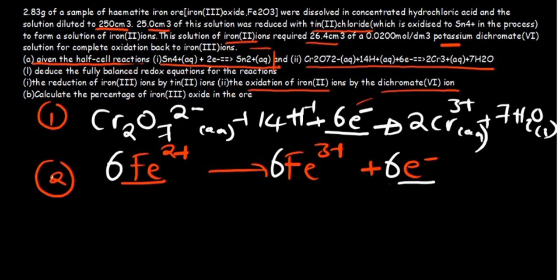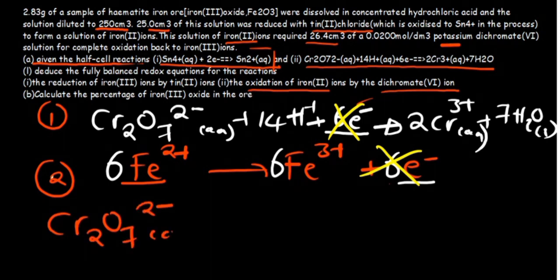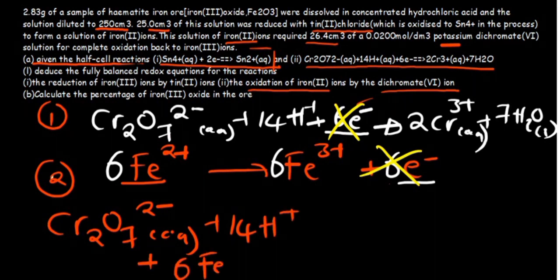Now we want to combine the two half reactions. When we combine, of course the electrons are going to cancel out. On the left hand side, we remain with dichromate in aqueous state, together with 14 hydrogen ions plus 6 iron 2 ions.